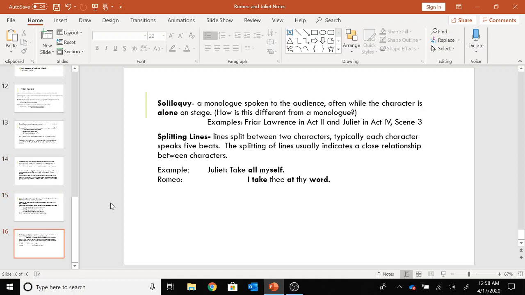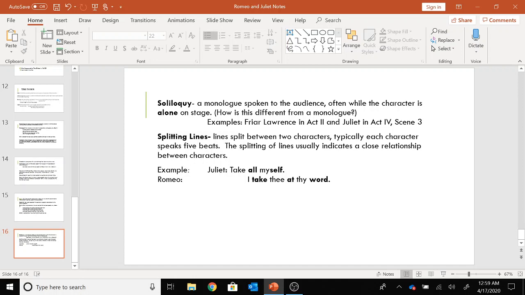All right, and splitting lines, the importance of a splitting line is how they indicate how close the relationship between the characters is and how they feed off of one another, right? Kind of like in Disney's Frozen, they finish each other's sentences, right? So, "Take all myself, I take thee at thy word." In iambic pentameter, there must be 10 total syllables, 5 iambs.